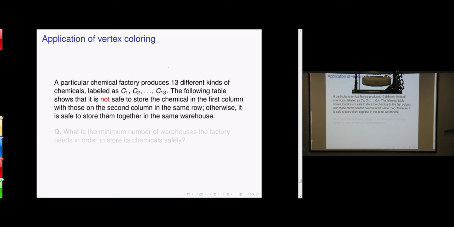Okay, so there is a chemical factory. A particular chemical factory produces 13 different kinds of chemicals, labeled C1, C2, up to C13. The next slide shows us that it is not safe to store the chemicals in the first column together with those in the second column.